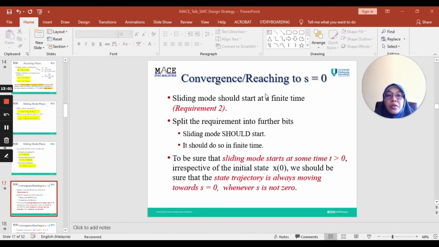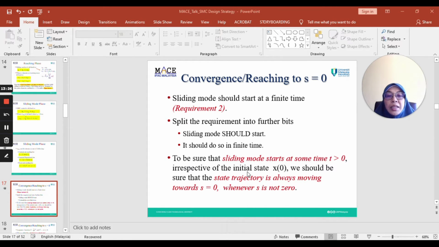For the convergence, or reaching to S equal to 0, the sliding mode should start in finite time so that we can fulfill requirement number 2. What does this requirement mean? It means the sliding mode should start, and it should start in finite time. Then only can we fulfill requirement number 2.